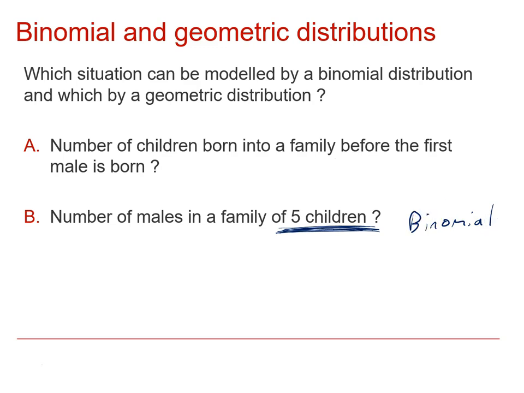Whereas up in A, there's nothing indicating that anything is fixed. The other thing that I need to look at is words like before the first, because that's what the geometric does. It counts up until the first success, whereas the binomial counts the number of successes, or indeed the number of failures. So A would be geometric, and B would certainly be binomial.